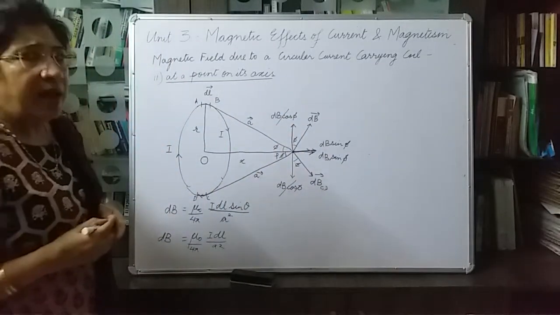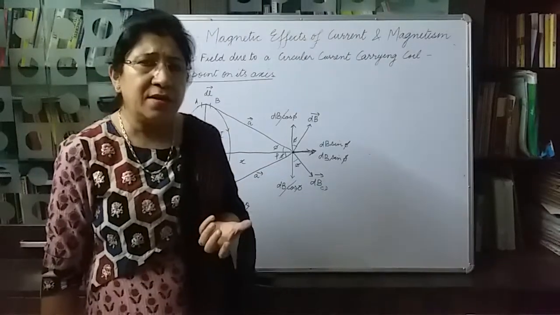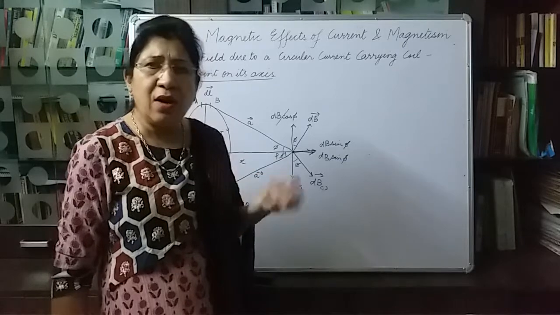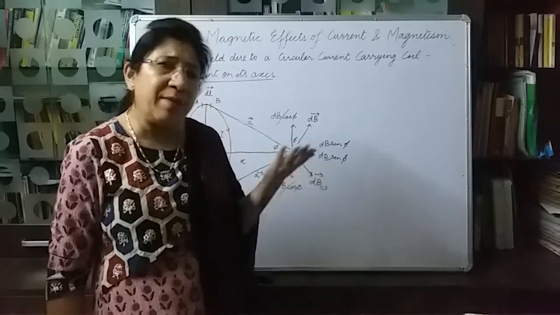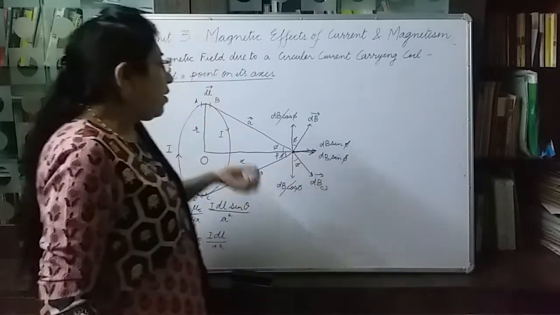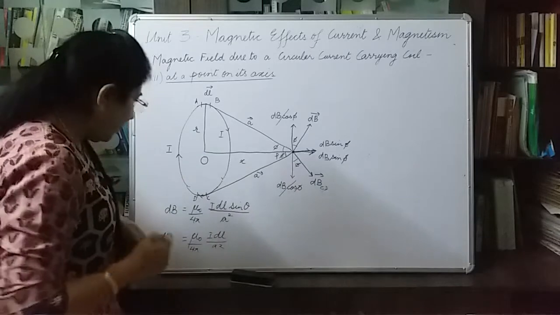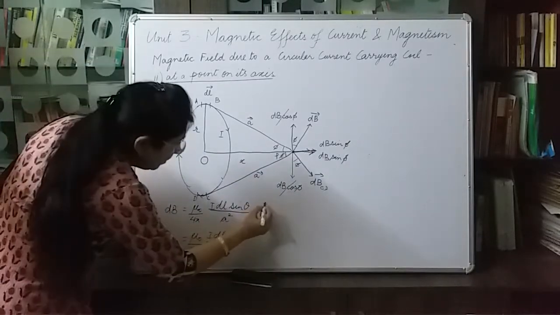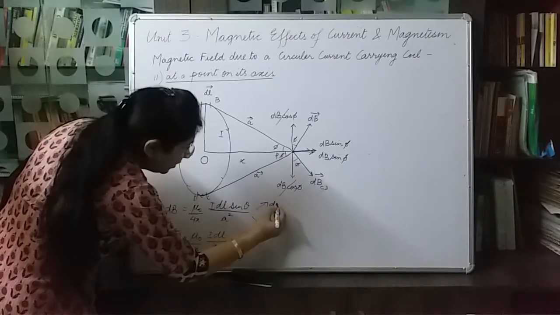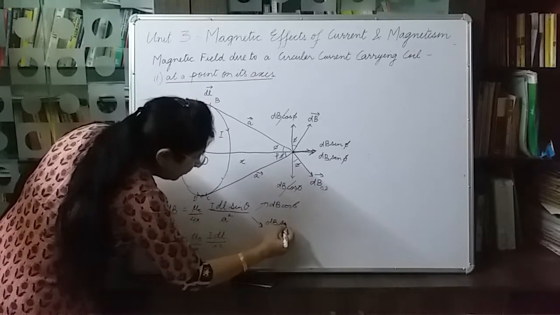So when we divide the circular wire into current elements, for all diametrically opposite current elements, for each pair the components dB cos phi will get cancelled. We have divided dB into two parts, dB cos phi and dB sin phi.